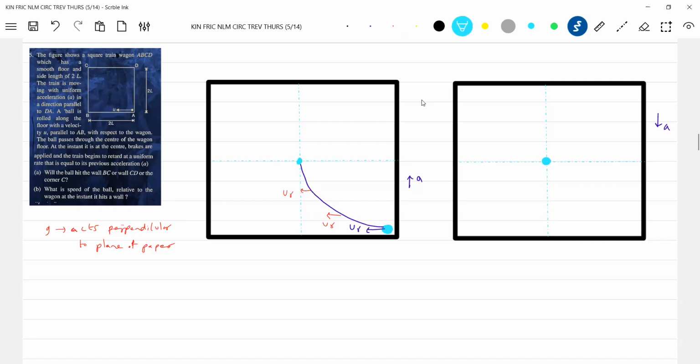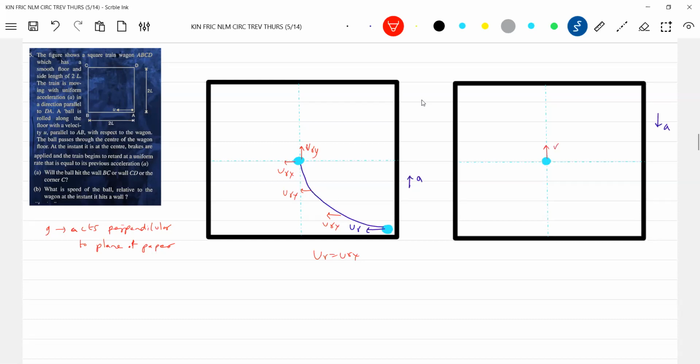Even when the ball is here, it will acquire some velocity along this direction also. Okay, there's Vry, I'll write it. Now what will happen?